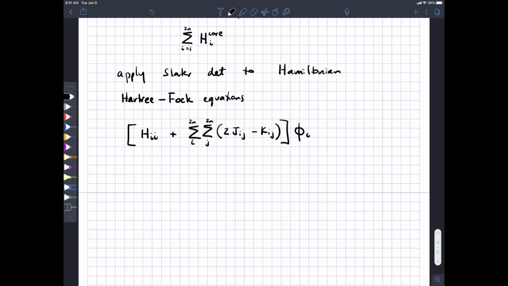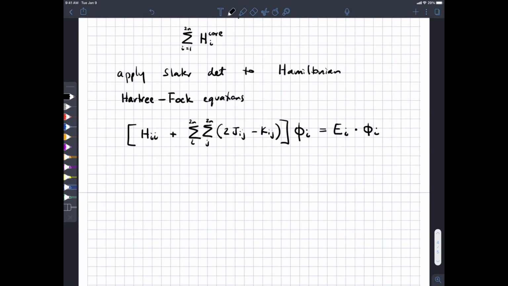All multiplied by wave function phi I. And this could be for electron I or J. And that's going to equal some energy for that electron times, again, the wave function for that electron.